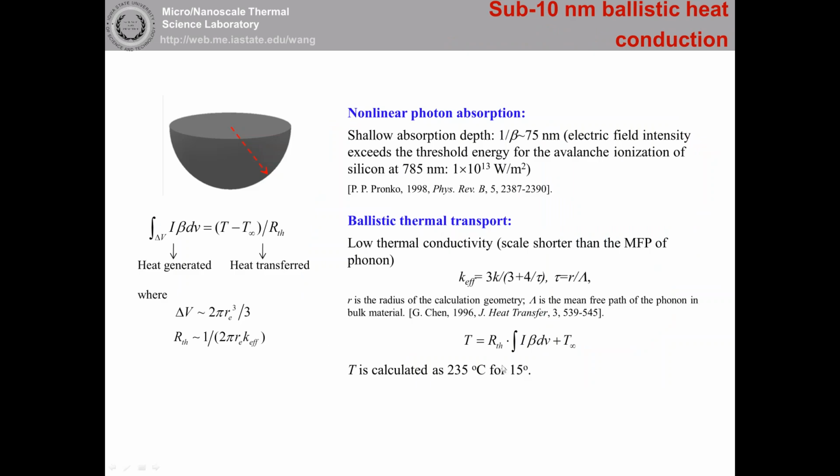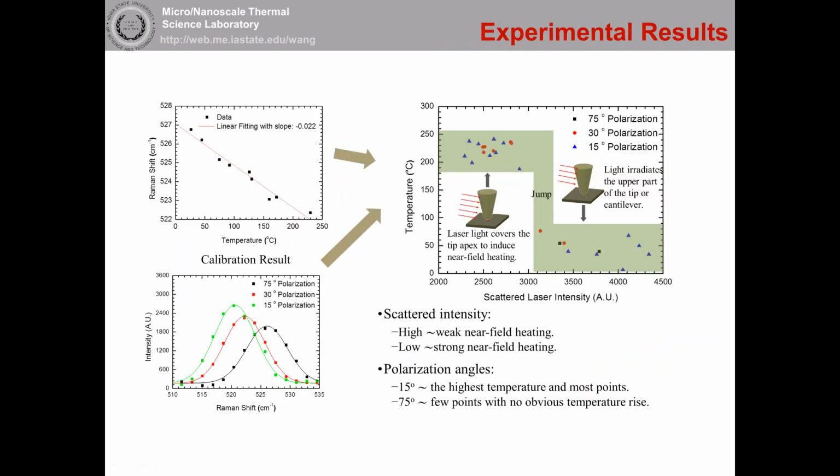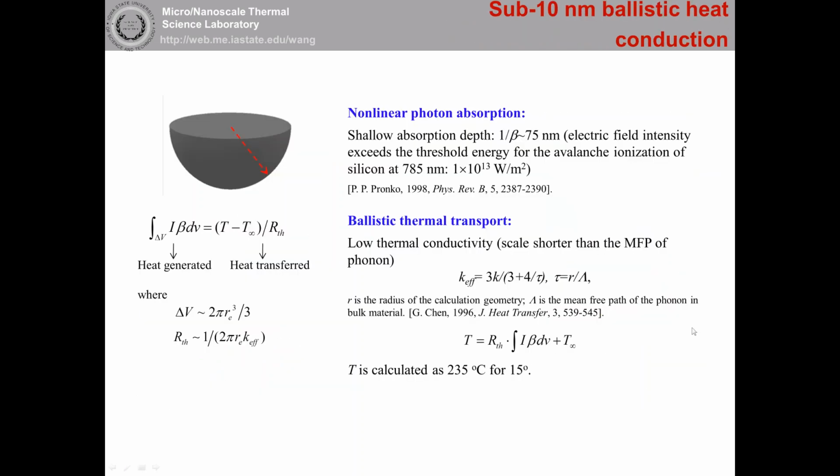Finally, we calculated the temperature rise of the substrate as 235 degrees Celsius. The temperature rise we saw in the measurement is about 220, 225. It's already very close. It shows excellent agreement between the experiment and the simulation.